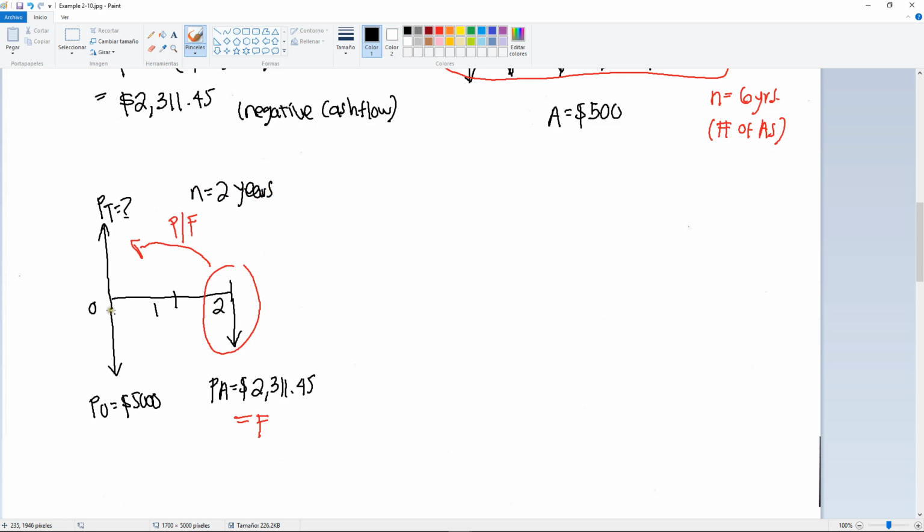Because that's the distance, the number of years you want to move it. So it's 1, 2. Let me write the observation: PA becomes an F because we are trying to move it to year 0.